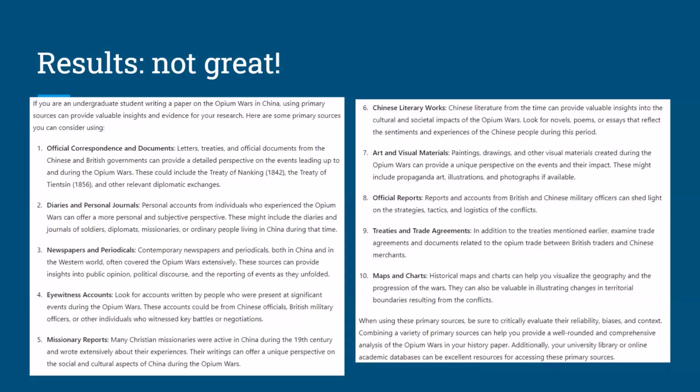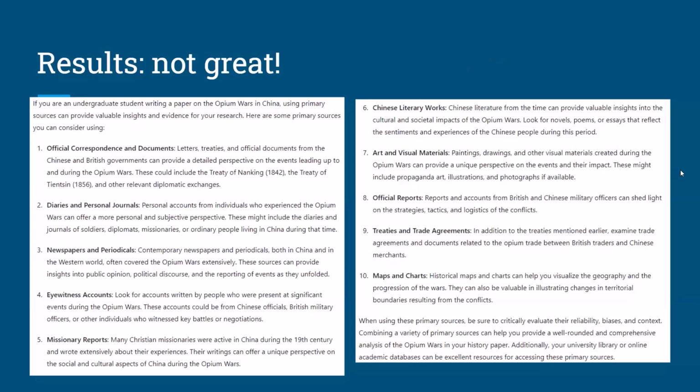And it gave a couple specific examples of treaties that might work as primary sources, but it didn't give names or any ideas of how to find these things. I mean, it refers generally to looking at academic databases. So not surprisingly, it wasn't super helpful. Google AI, I don't have any examples of the results here, but I was similarly underwhelmed.